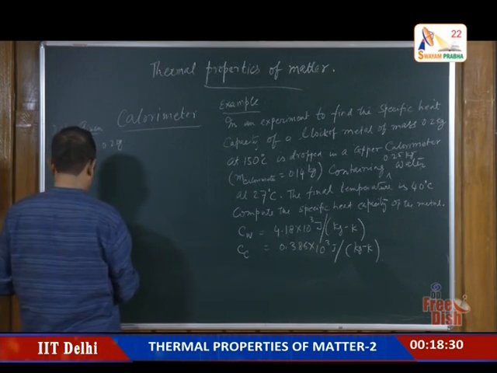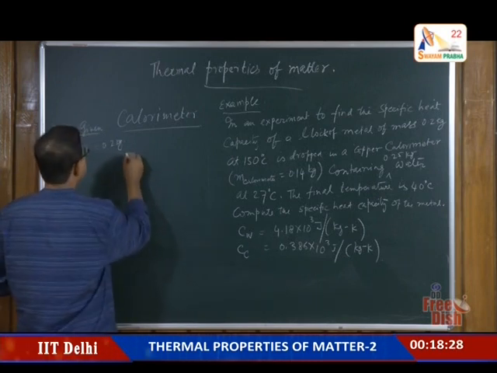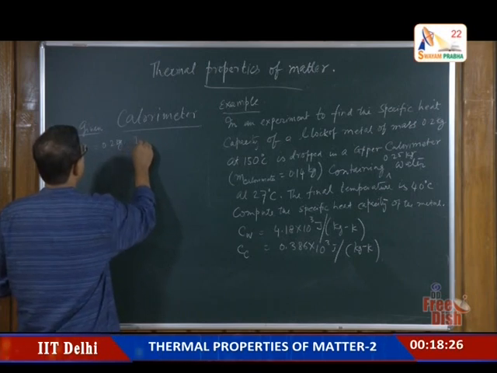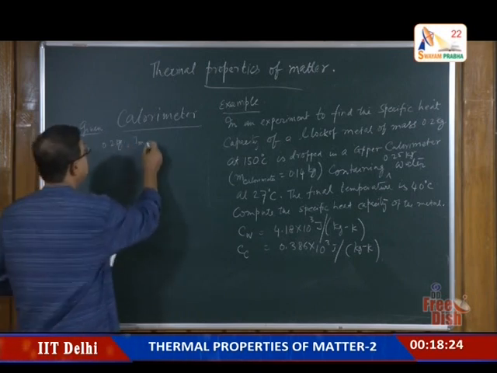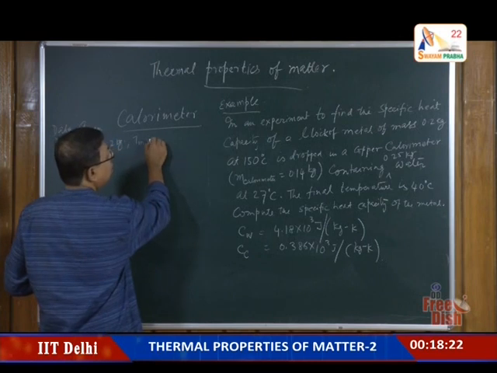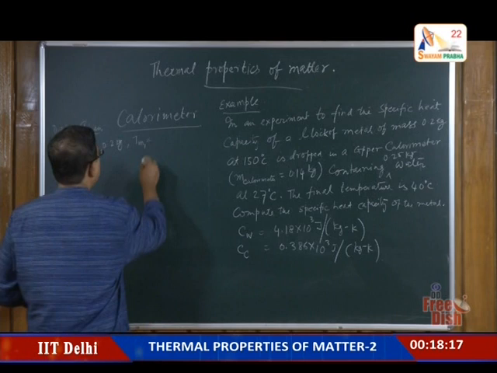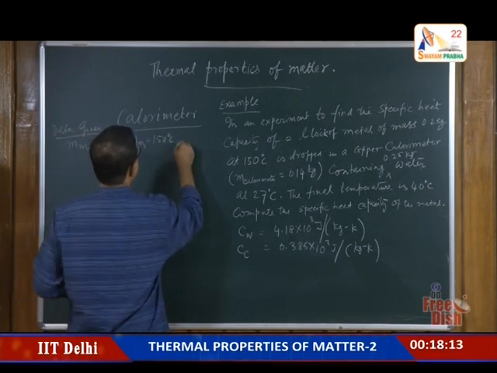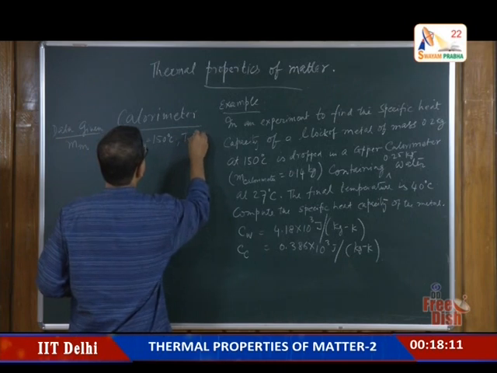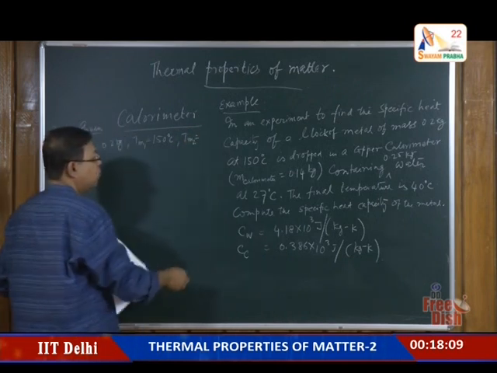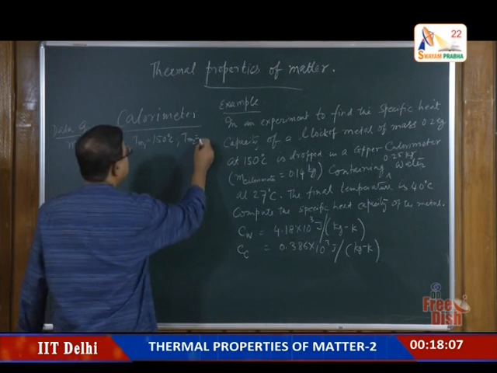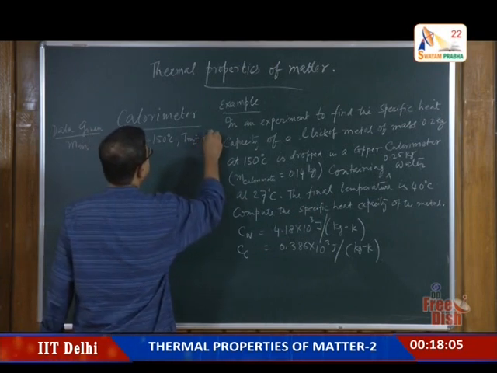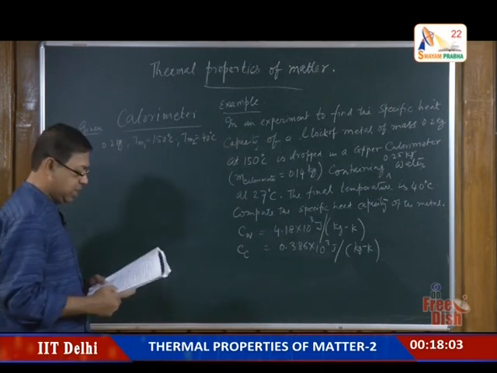The initial temperature of the metal, let us call it Tm1, is 150 degrees centigrade, and Tm2, the final temperature of the metal, would be the same as the final temperature quoted here, which is 40 degrees centigrade.